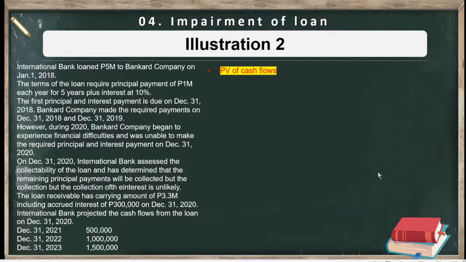So what will be the present value of the cash flows? We can use the original effective rate of 10% and get the present value factor. You already know how to get the present value factor. That's 1.1, or 1 plus 10%, then divide, then equals, 1, 2, 3, 4, 5.